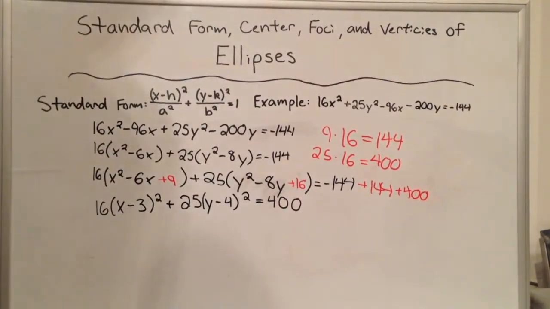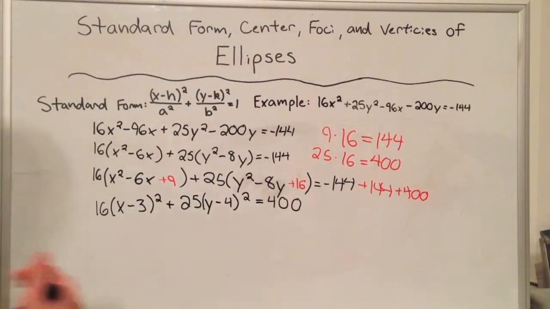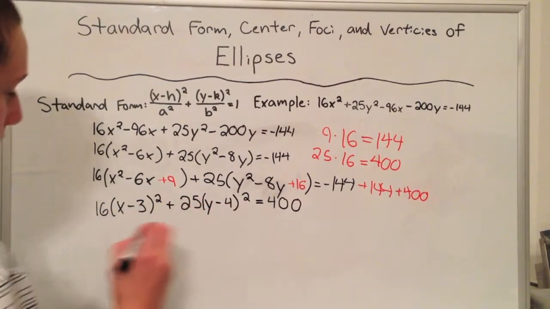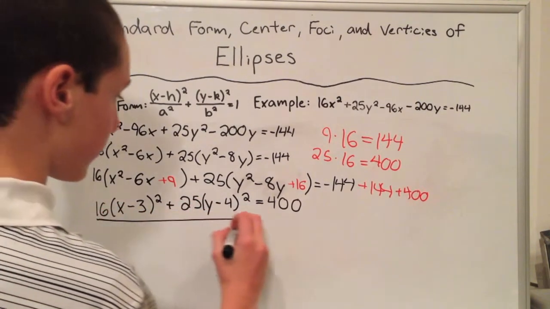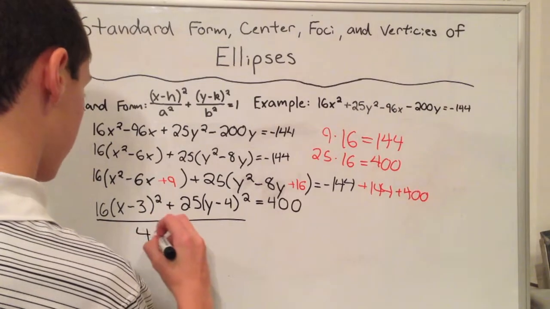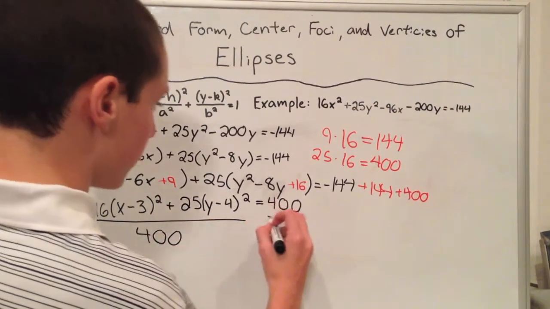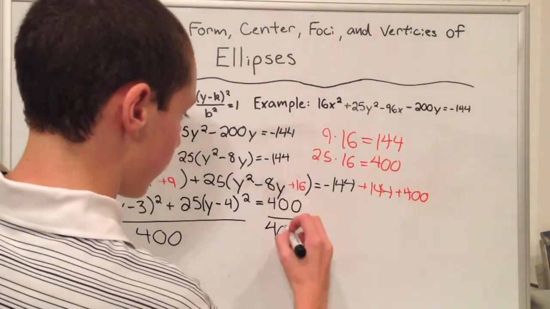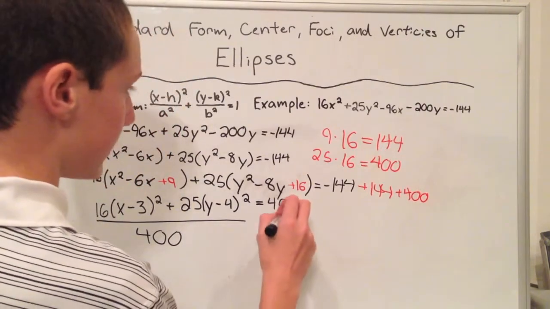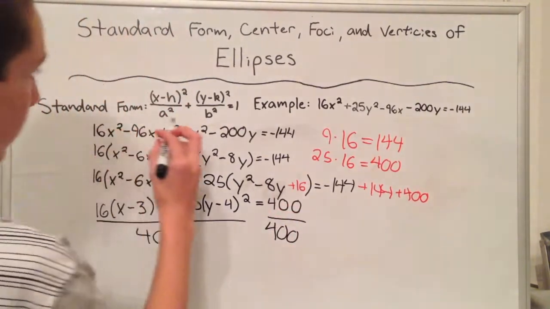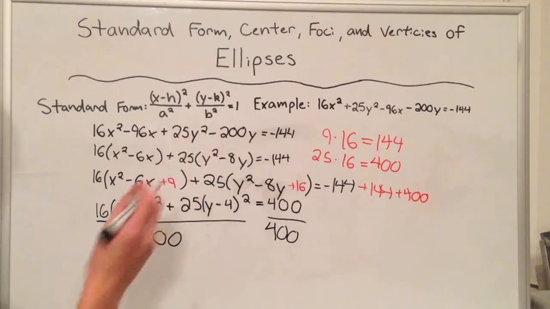Finally, to find the standard form, you need to divide both sides of the equation by 400. So you divide this side by 400. You divide this side by 400. So you can get this side to equal 1 like in the standard form equation above.